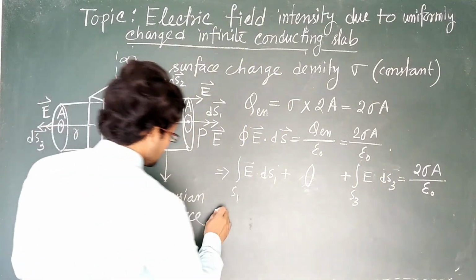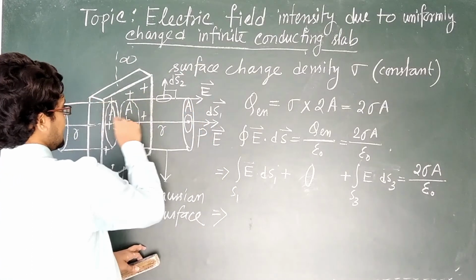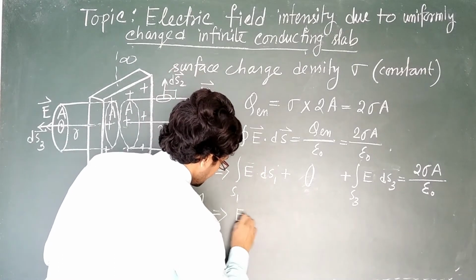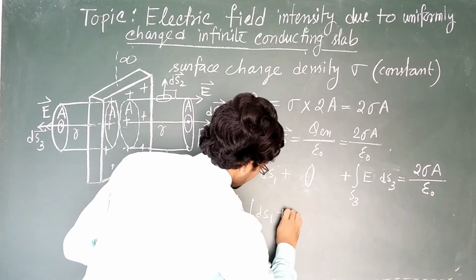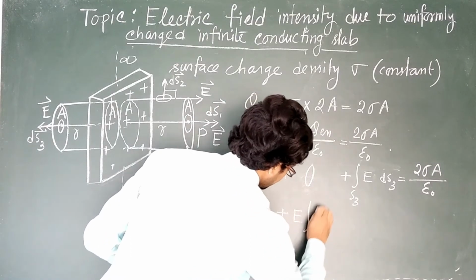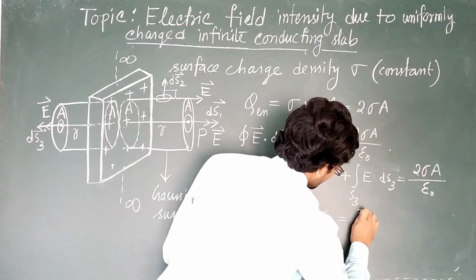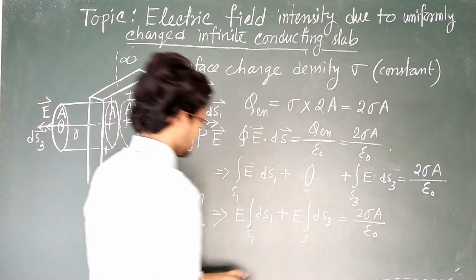Okay, so now the two flat surfaces are at the same distance r, so E will be constant. So E integration ds1 plus E integration ds3 equal to 2 sigma A by epsilon 0.